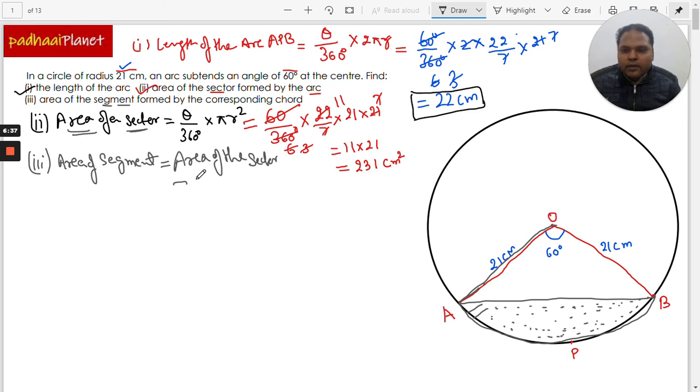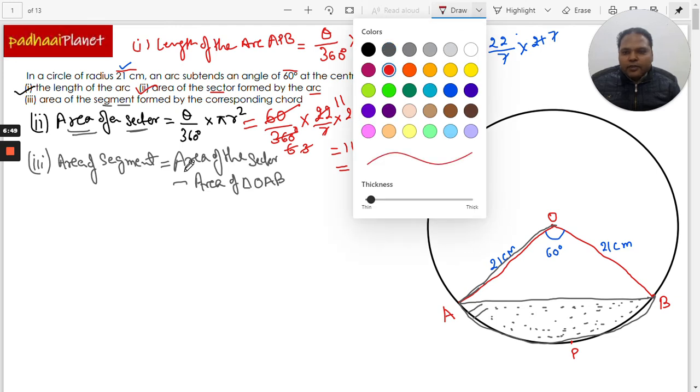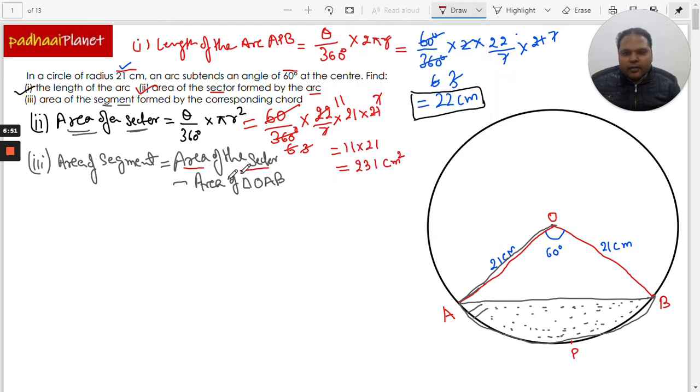minus the area of triangle OAB, right? So once we have these two things, the area of the sector and also the area of the triangle OAB, we can find the area of the segment here. Now we already have the sector, we have just calculated it.